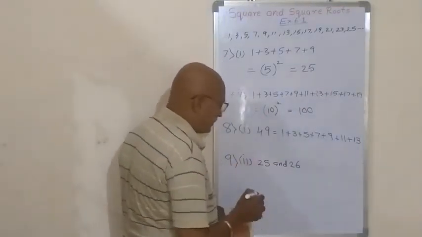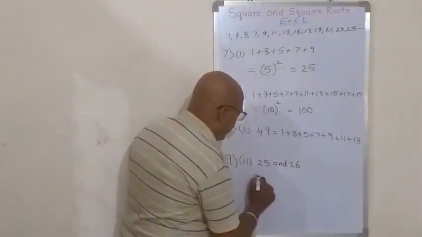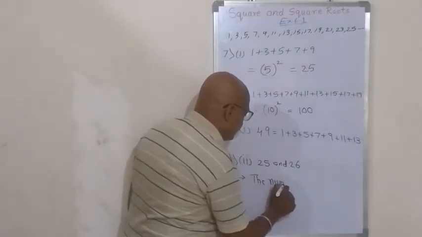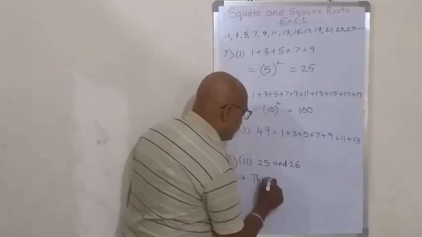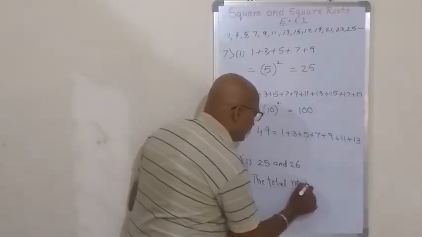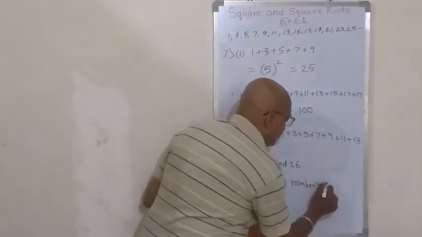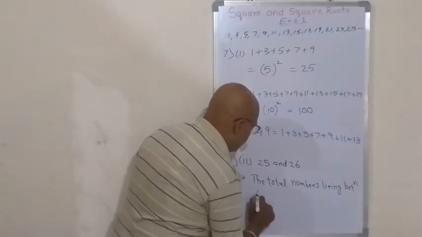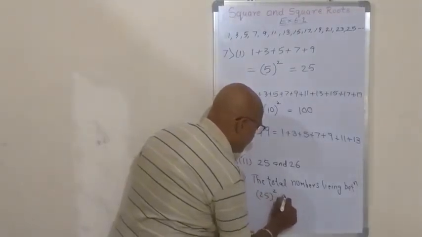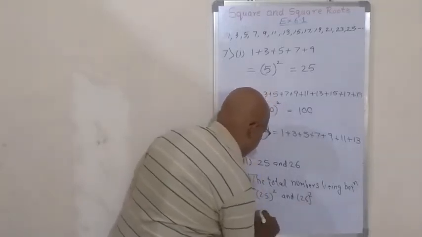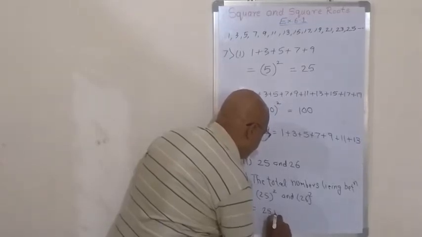Here is a very short cut method. I will write the answer directly: the total numbers lying between 25 square and 26 square equal 25 plus 26.